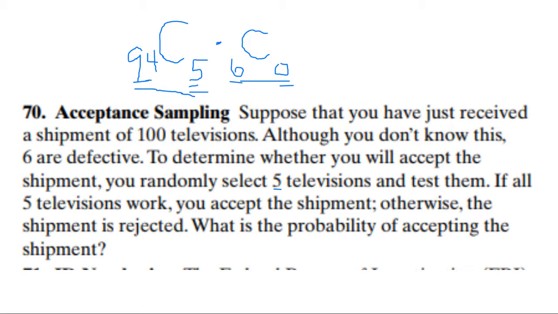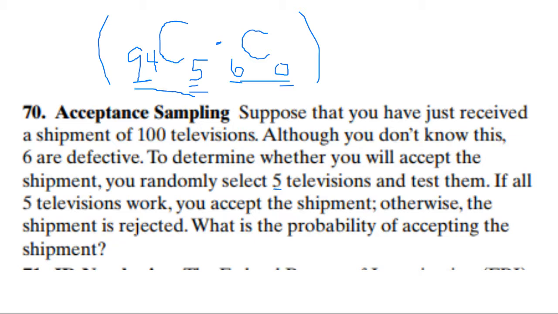And we will do probably more complicated problems where you have to do that. Now this is the numerator that Linda is going to have, because that is counting how many different ways could you pick 5 good televisions, and that means you're accepting the shipment.